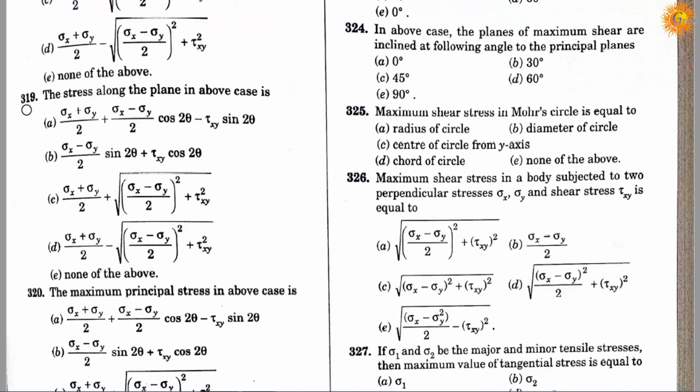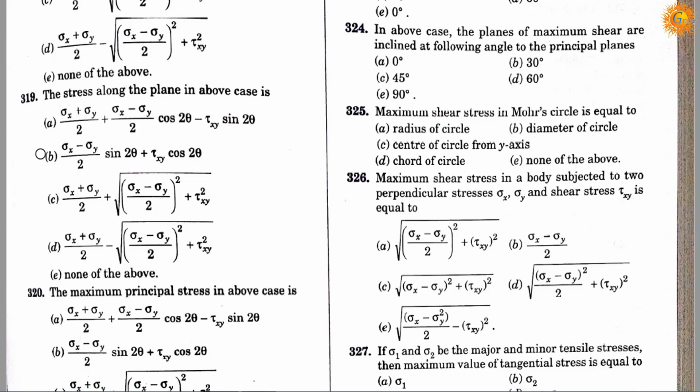Question number 319. The stress along the plane in the above case is: option A, sigma x plus sigma y divided by 2 plus sigma x minus sigma y divided by 2 cos 2 theta minus tau xy sin 2 theta; option B, sigma x minus sigma y divided by 2 sin 2 theta plus tau xy cos 2 theta; option C, sigma x plus sigma y divided by 2 plus under root of sigma x minus sigma y divided by 2 whole square plus tau xy square; option D, sigma x plus sigma y divided by 2 minus under root of sigma x minus sigma y divided by 2 whole square plus tau xy square; and option E is none of the above.